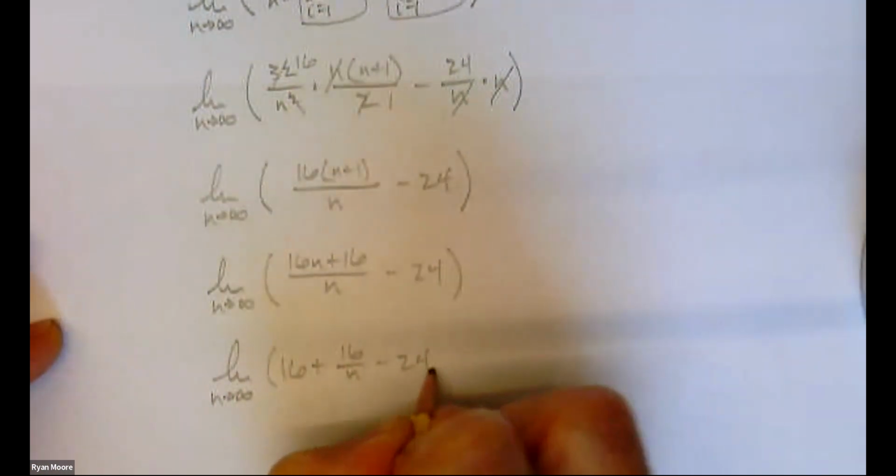Let's just divide them each separately. 16 plus 16 over n, minus 24. Well, the 16 would stay, plus 0, minus 24. 16 minus 24, -8 in this case. We got it.